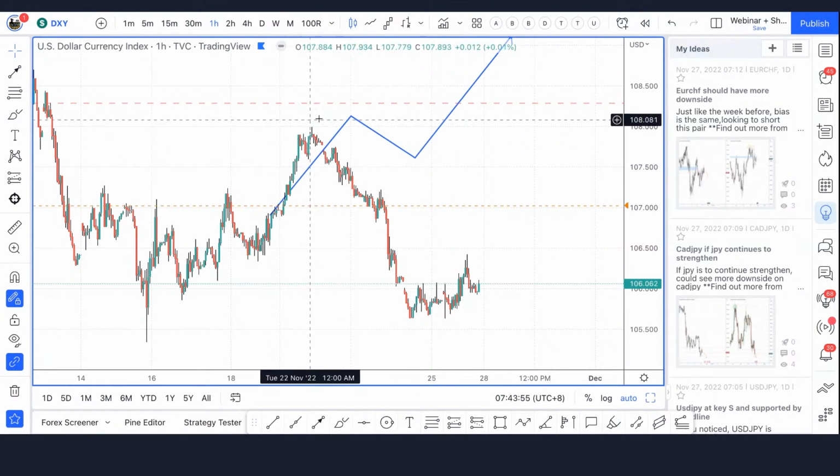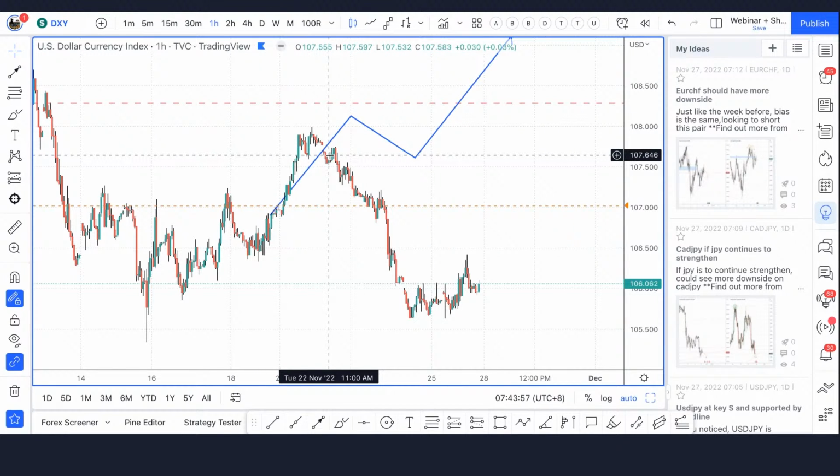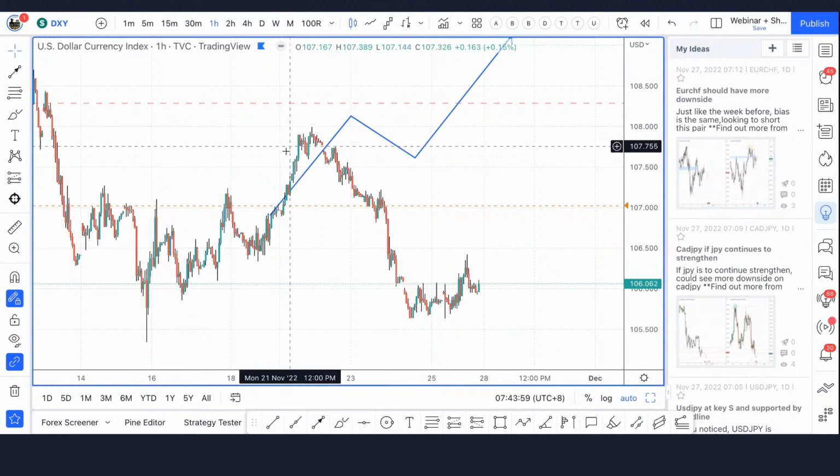You need to know when you might want to look for an exit if you were long last week.